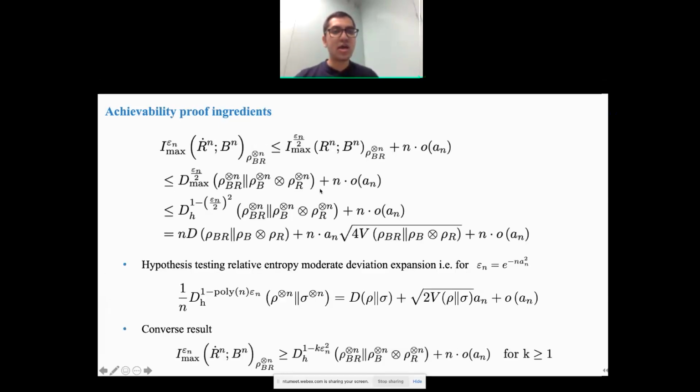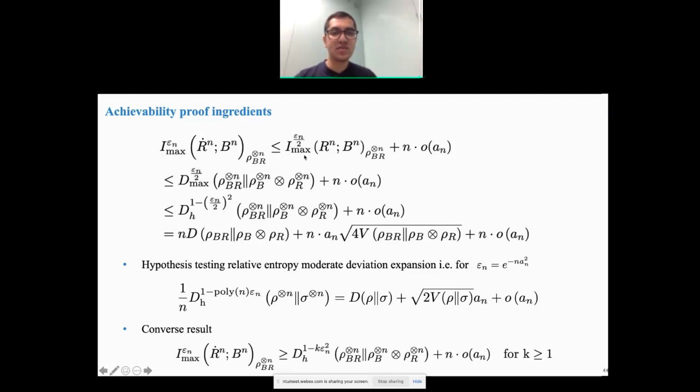So we have the partially smoothed max information, and the first result that we use is we bound it by the smoothed max information. And the best we can do is actually make this ball half the size of this ball. If we do that, then we have this upper bound.